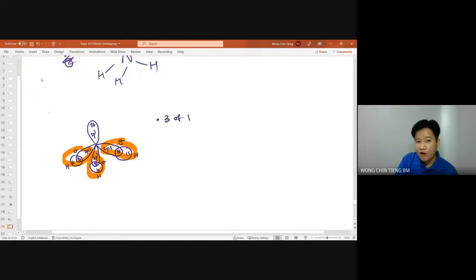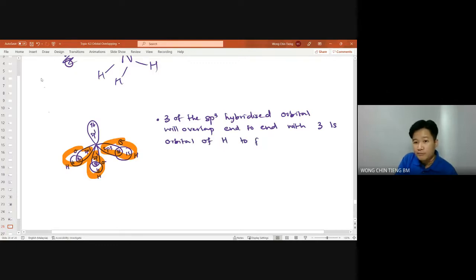3 of the sp3 hybridized orbital. Bagi tahu siap-siap berapa. 3 of the sp3 hybridized orbital will overlap N to N, masih yang sama, with 3 1s orbital of hydrogen to form 3 sigma bonds.